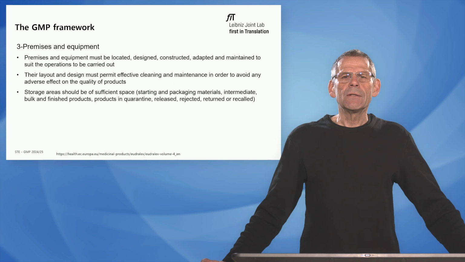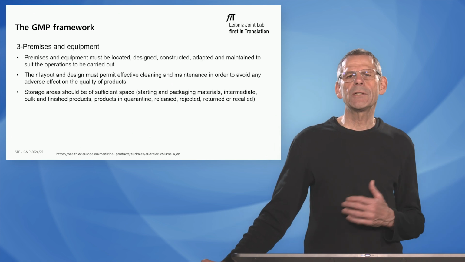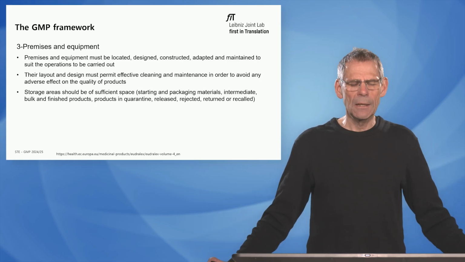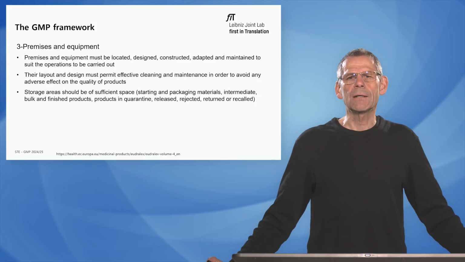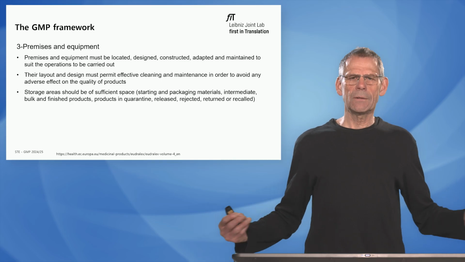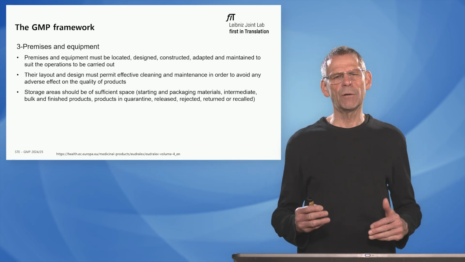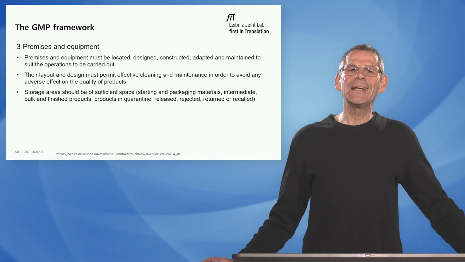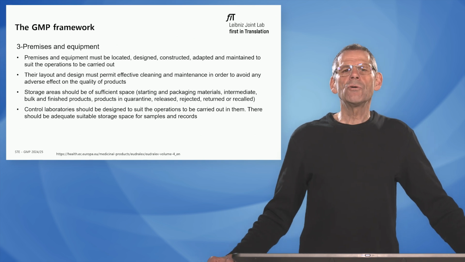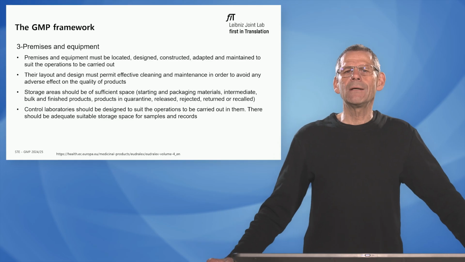Then about storage areas, there should be sufficient space for packaging materials, intermediates, finished products, products in quarantine, released products, rejected products, returned products or recalls. Because we need to make sure that we can trace it back and that we have the qualified material for manufacturing included in the manufacturing sites early on. Then control laboratories should be designed to suit the operations to be carried out in them.